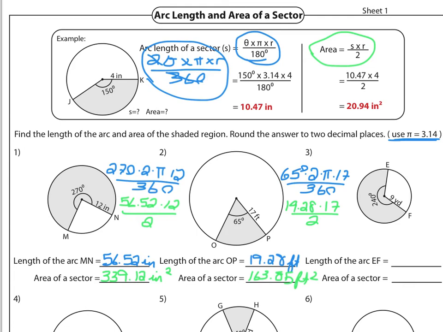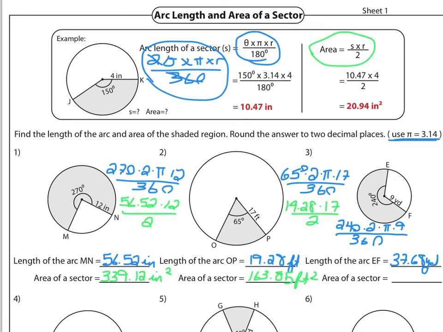All right, next one. We're going to do the arc length. We're going to take our angle, and you'll notice that it's shaded. So our angle is 240 times the circumference, which is 2 times pi times 9, all over 360. Plug it in the calculator, 37.68 yards.